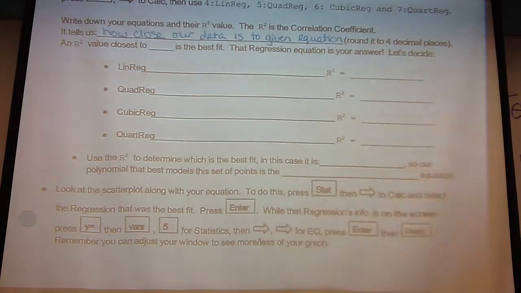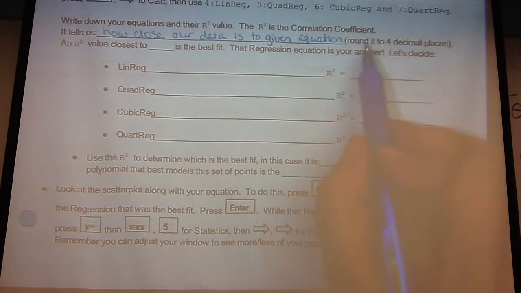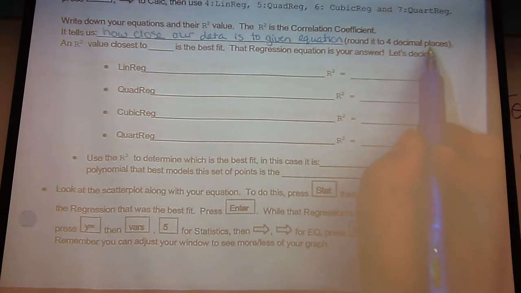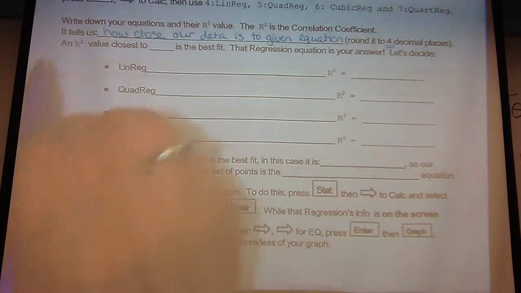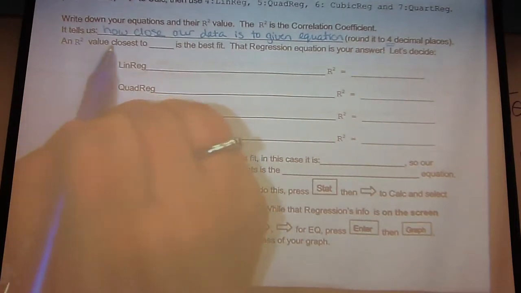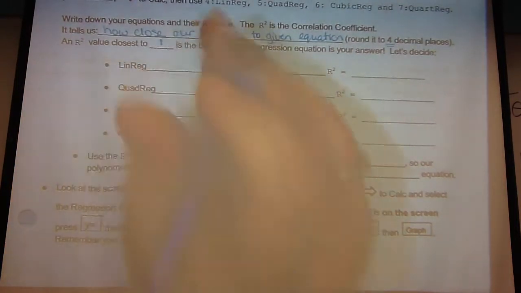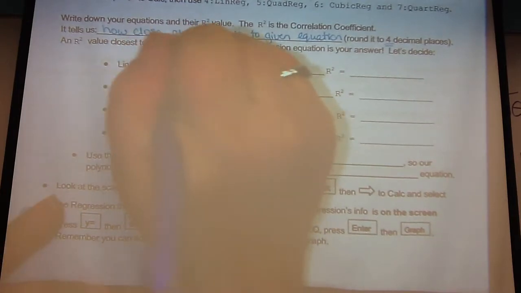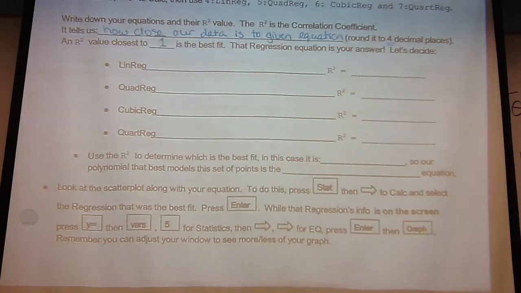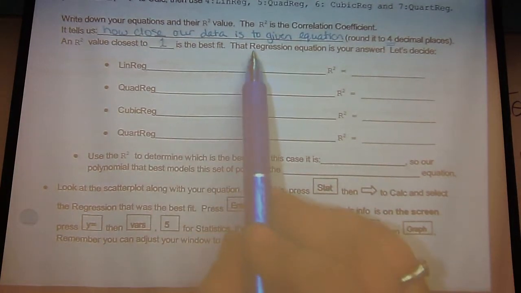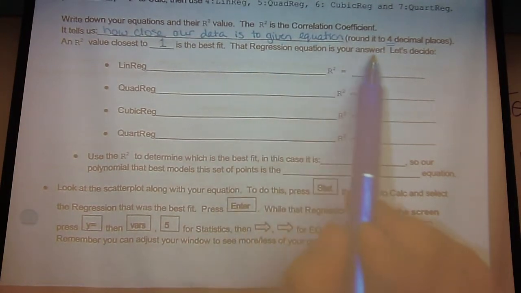We also need to round any of our equations or R squared values to 4 decimal places. And the R squared value closest to 1 is the best fit. That regression equation is your answer.